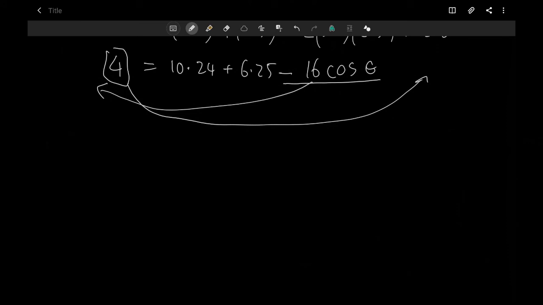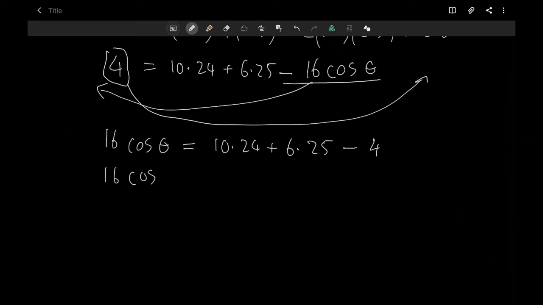It would look like 16 cos theta is equal to 10.24 plus 6.25 minus 4. So we get 16 cos theta is equal to 12.49. We now divide both sides by 16 to get rid of the 16 on the left-hand side. So we get cos theta is equal to 12.49 divided by 16.